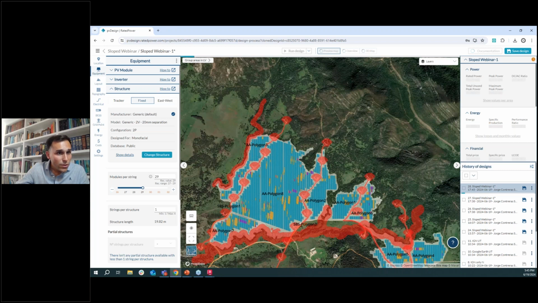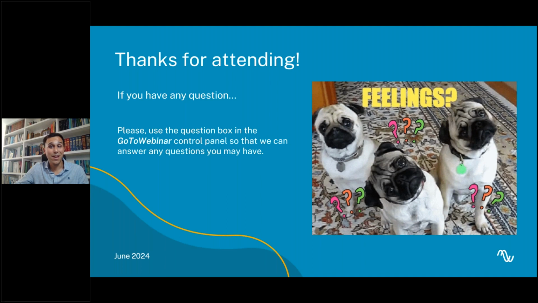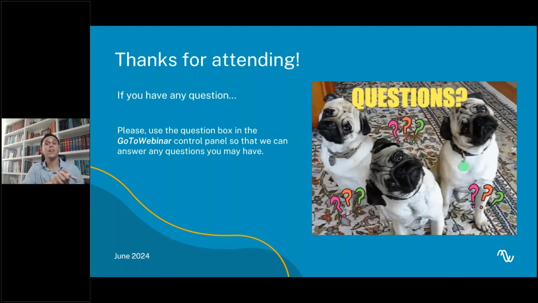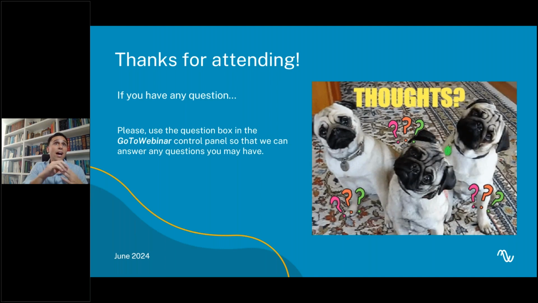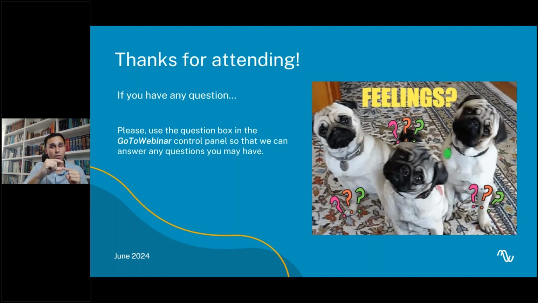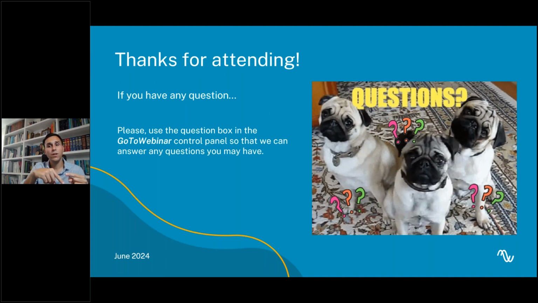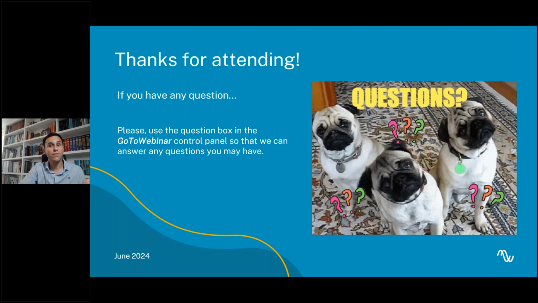What's the minimum resolution Rated Power accepts for topography? Well, actually there is no minimum resolution, but I would say that the software is using as minimum the distance between pile and pile of a single structure. So imagine that you have 1 meter between pile and pile for the structure that you have selected.